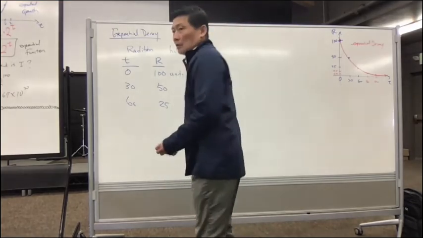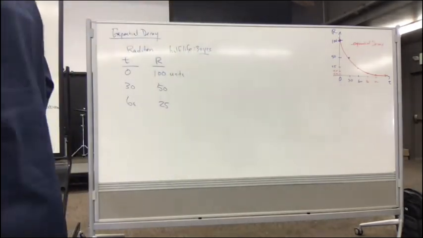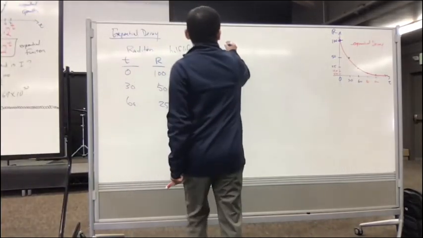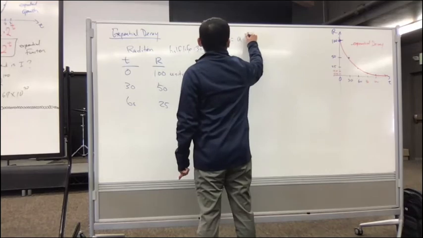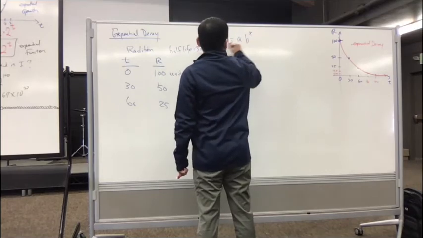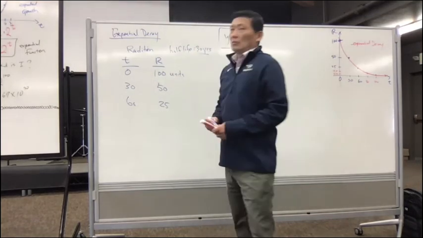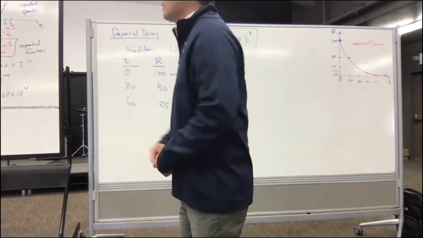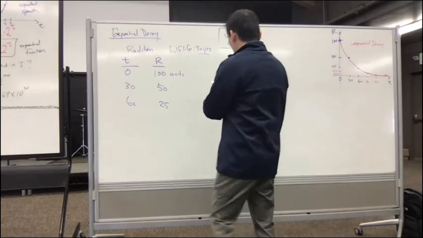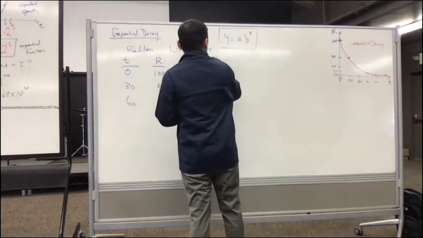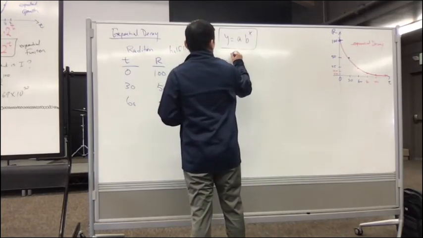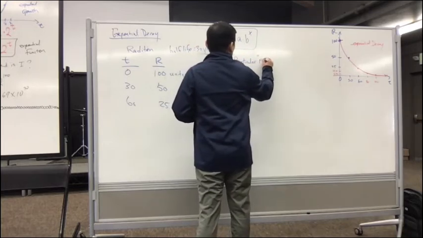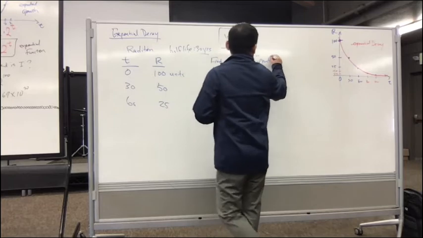So here we use the same model, y is equal to a times b to the x. I want you to find the particular equation for this case.